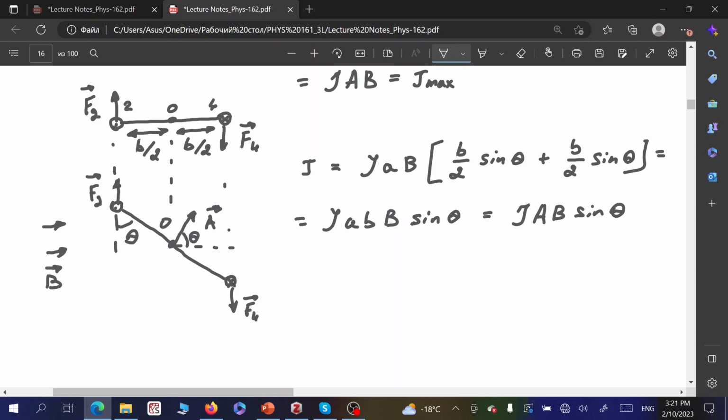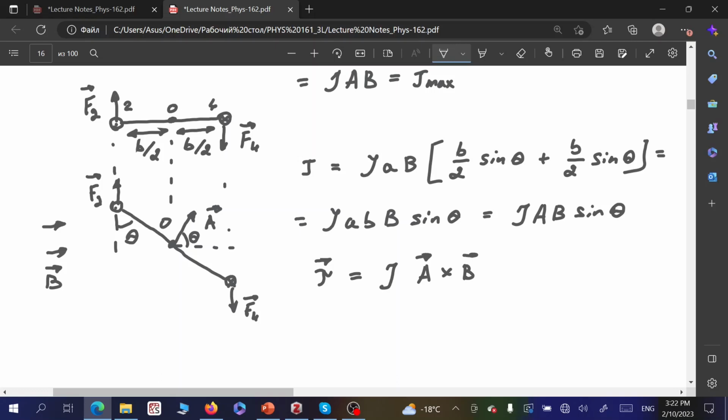We see from this expression for the magnitude of the torque that we can represent it in vector form as follows. The torque will be equal to the magnitude of electric current times the cross product of A vector and B vector.